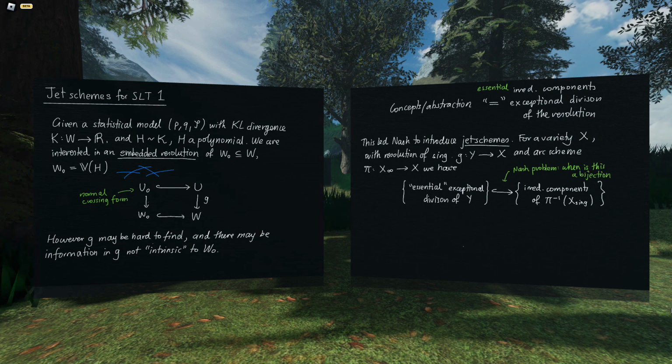It isn't always a bijection. It's a bijection for toric varieties and in some other cases. I don't really want to get into that, although maybe it's interesting later. For the present purposes, let's just pretend it's a bijection.